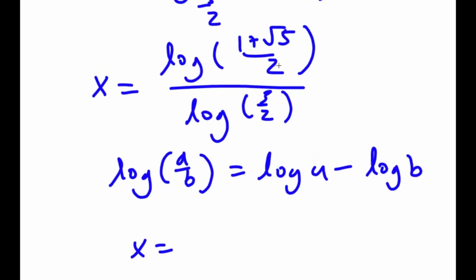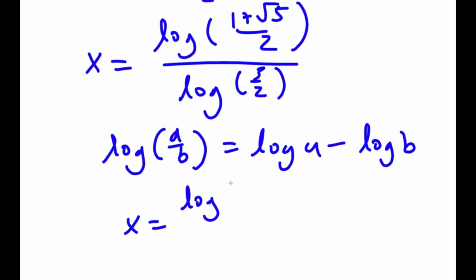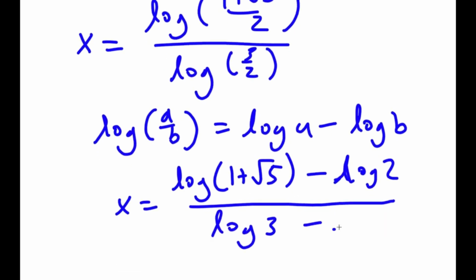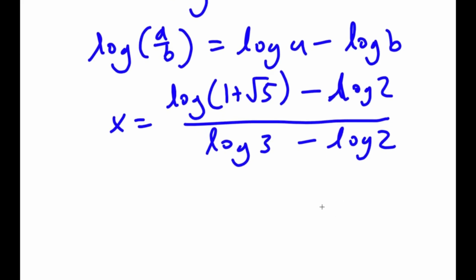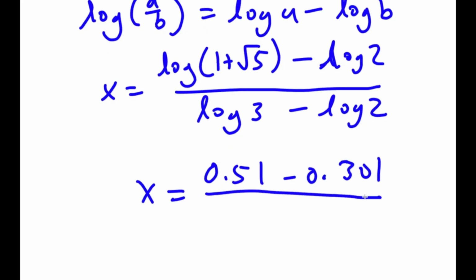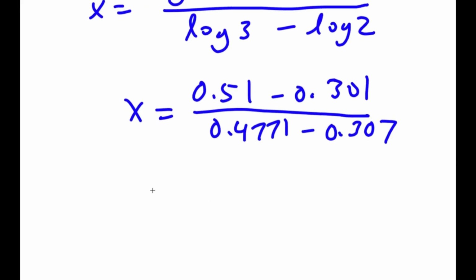Meaning log of 1 plus square root of 5 over 2 is going to equal log of 1 plus square root of 5 minus log 2, and log 3 over 2 is going to equal log 3 minus log 2. Now this is equal to 0.51 minus 0.301 divided by 0.4771 minus 0.307. And if you simplify this, you get x is equal to 1.868.